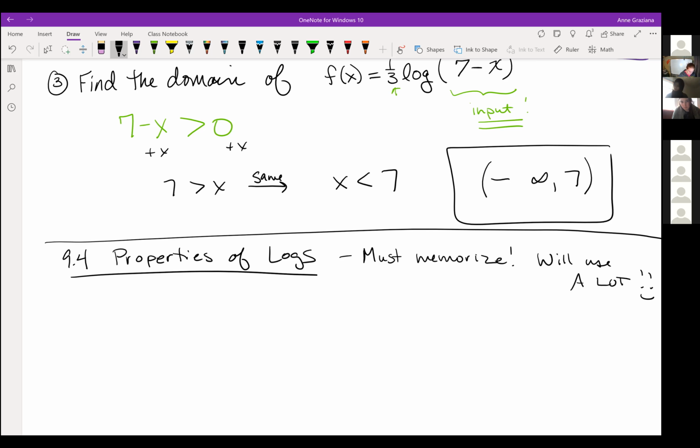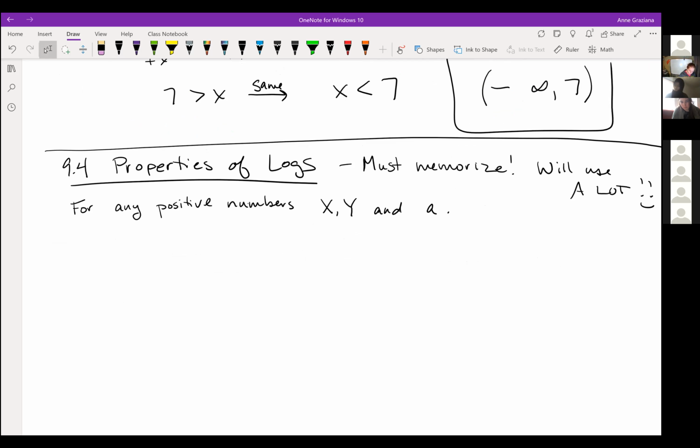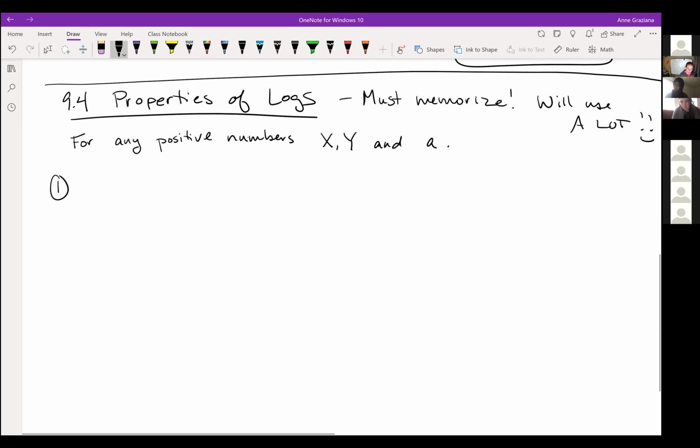All right, so for any positive numbers, I'm going to say X, Y, and A. Okay. We have 3 things that we can look at. The first is called the product rule.